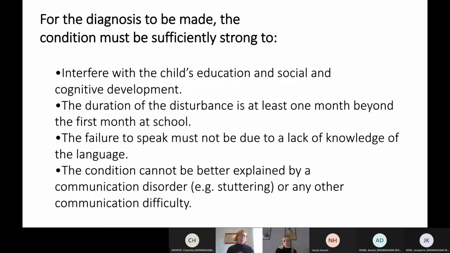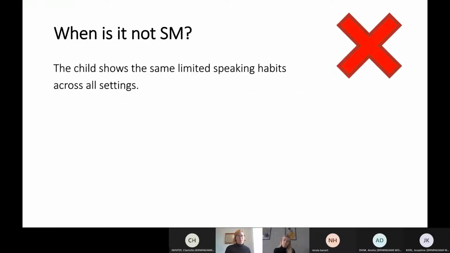So it's not because they just don't know the language. And this is a tricky one, because children with selective mutism quite often do have additional communication difficulties. But I think this means that it's not that they can't talk in certain situations because maybe they're stammering and blocking. It's because they are reluctant talkers. They are too anxious to talk in that situation.